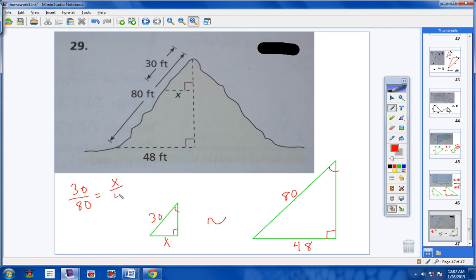Now, real quick, I would reduce this fraction. I would use 3/8, okay? Makes it a lot easier. 8 times x is 8x, and 3 times 48 would be, carry your 2, 144. Alright? And then divide both sides by 8, and you should get 18, I believe. Yes, 18. Okay? So there we go, guys.